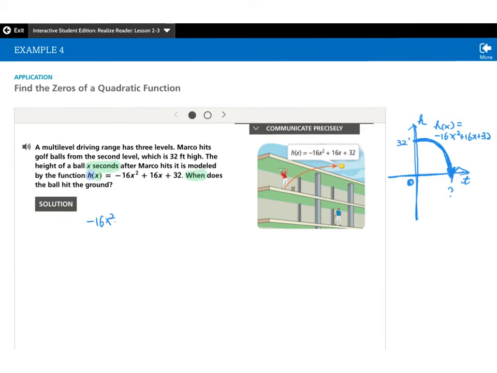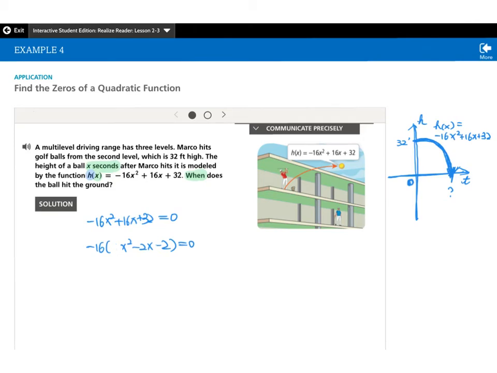Negative 16x squared plus 16x plus 32. We already said that at 0 height, 0 feet, what is the value of x here? If I factor out negative 16, I should have positive x squared minus x minus 2 now equals 0.